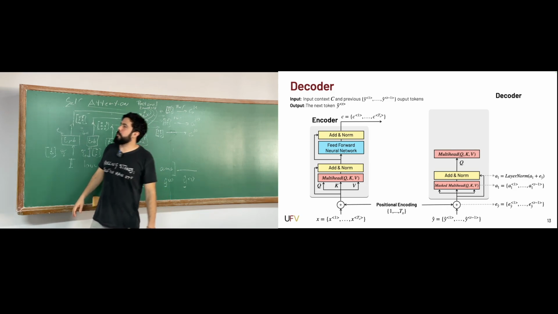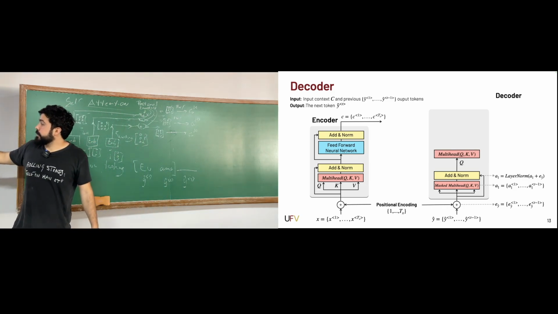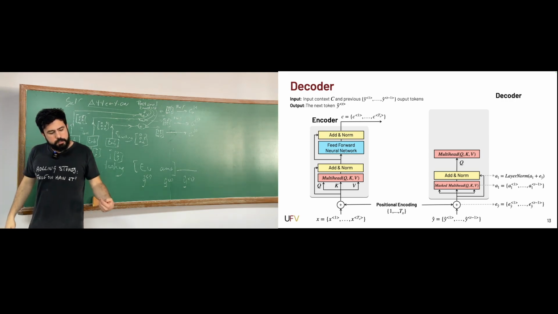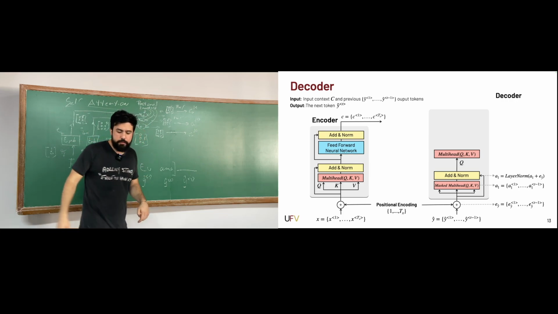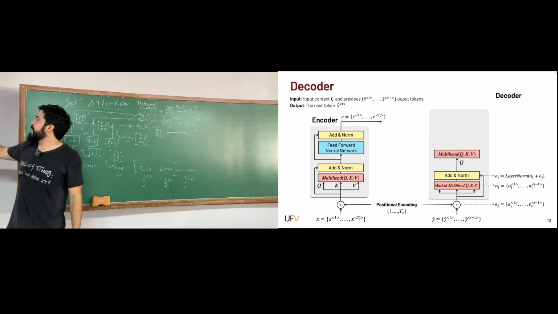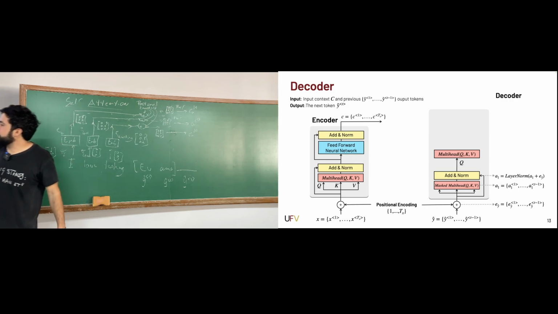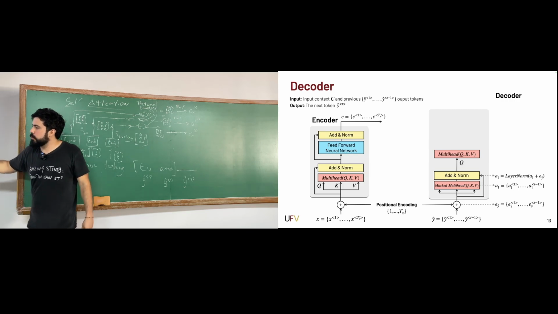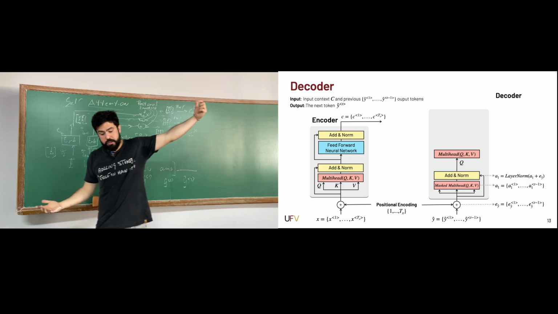Now, this is the cool part, because what the decoder is doing is receiving the previous words as input in the form of a context. Remember, the multi-head attention makes a context for its input. So now it's producing a contextual representation for the decoded words and the input sequence.